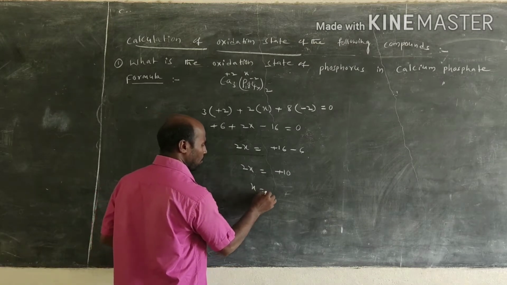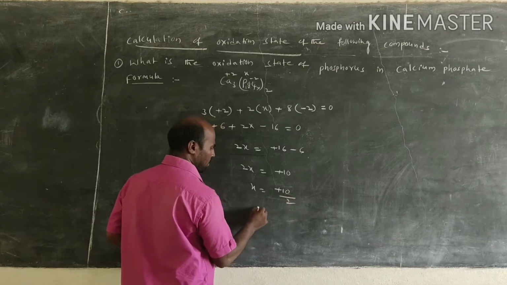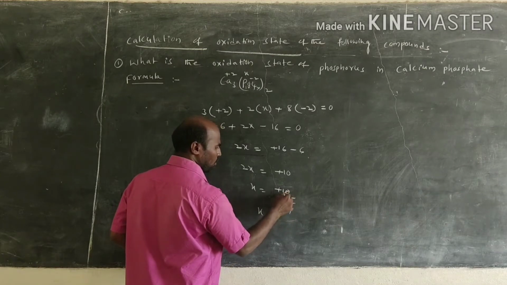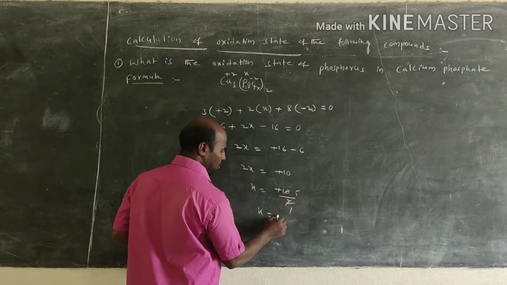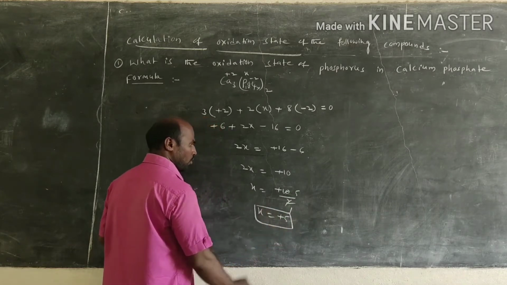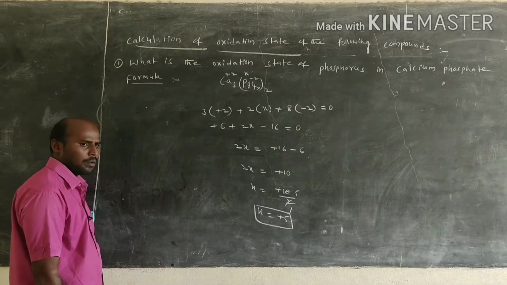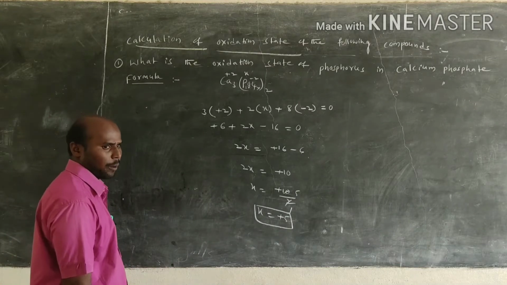X is equal to 10 by 2, so x is +5. What is the oxidation state of phosphorus in calcium phosphate? +5.